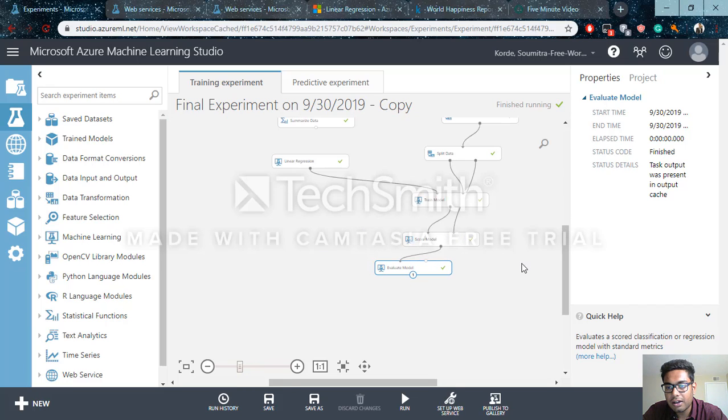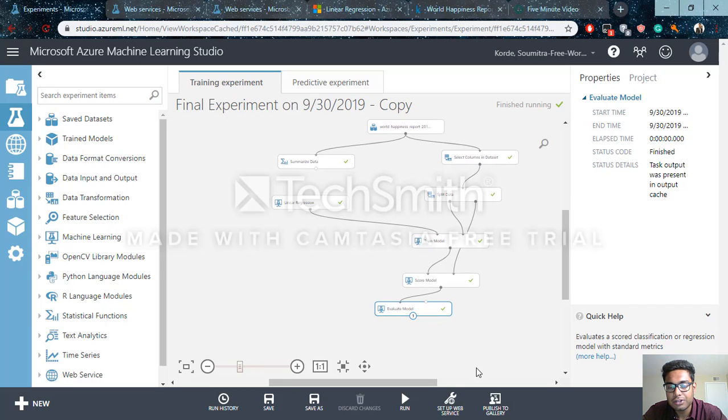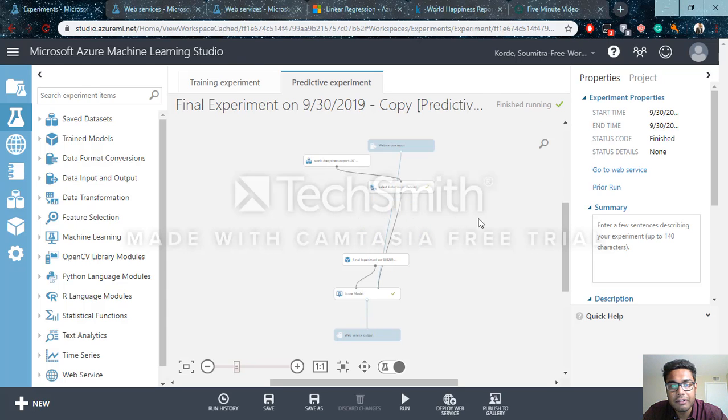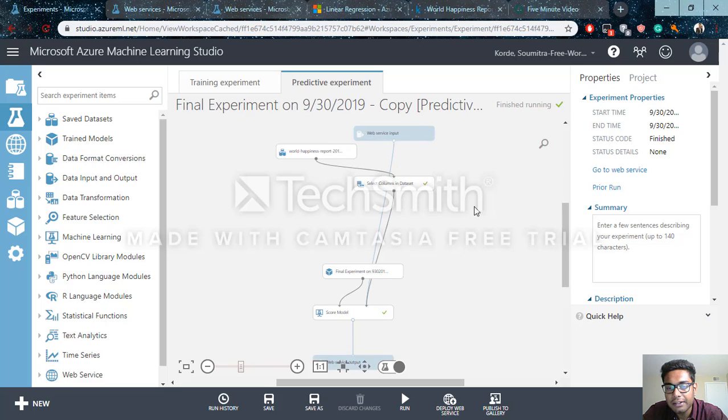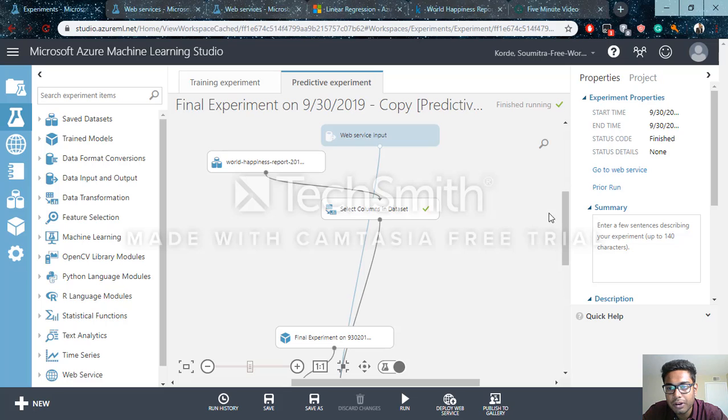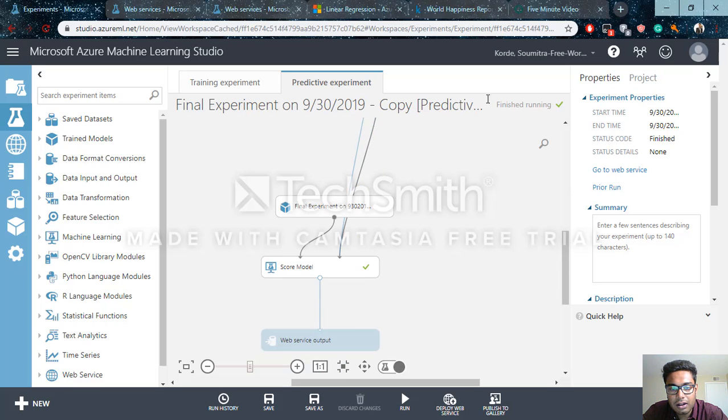After this evaluation, we are supposed to set up the web services, which will provide us a predictive experiment. Here in the predictive experiment, which I have already run, the web service input is given as an input to the score model.